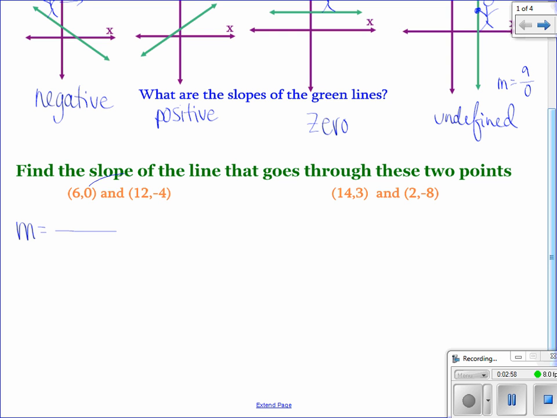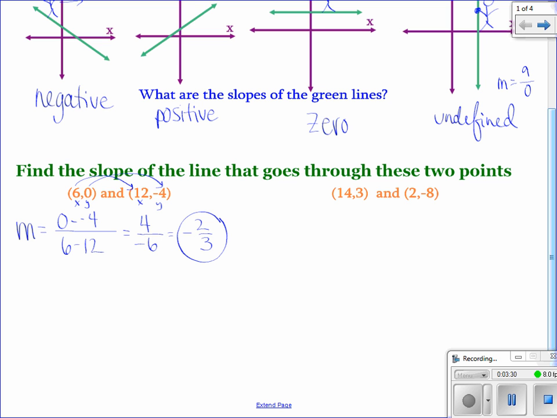So if we subtract in this direction, remember you have xy and xy, so subtracting the y's would produce this, 0 minus -4. We have to subtract the x's in the same order. We can't draw the arrow the other direction. Then we're just simply going to simplify this fraction to give us our slope.